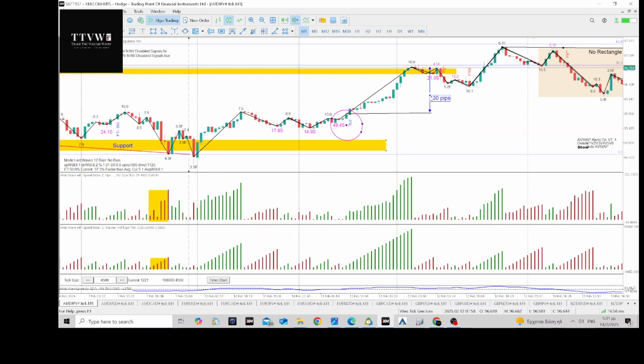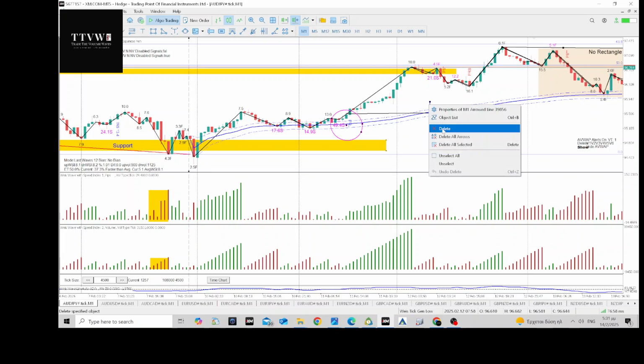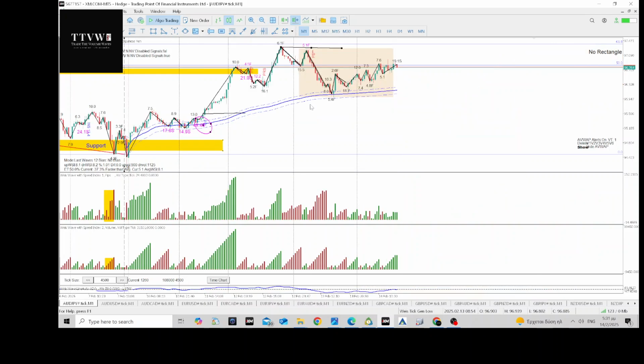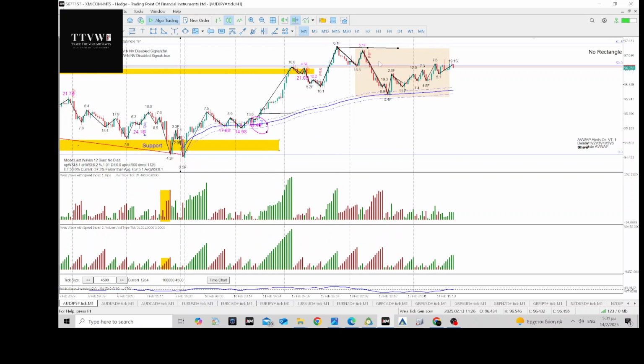Now, look what happened. Let me delete this because this was a previous measurement that I took. So basically, let me zoom out and measure the pips we made on this situation, which is lesson 15.